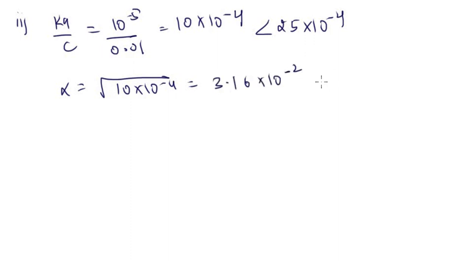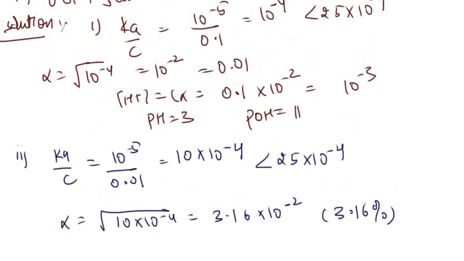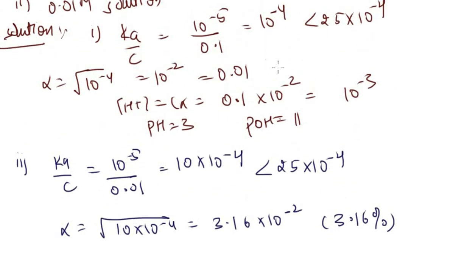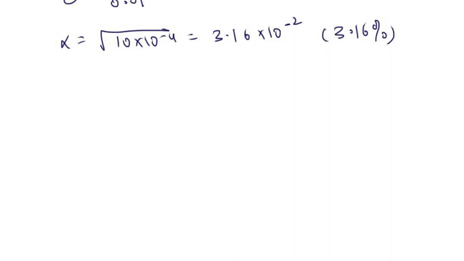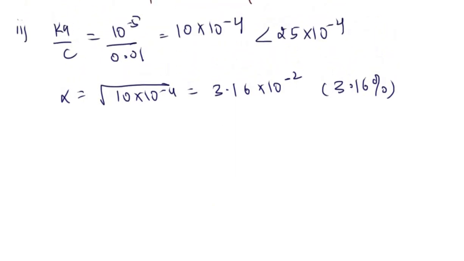We can simply see that it is 3.16% dissociated. If we see the previous problem, it was 1% dissociated. Out of 100 moles, only 1 mole will dissociate into constituent ions. And now the concentration of H plus comes out to be C alpha, so it comes out to be 3.16 into 10 to the power minus 4.